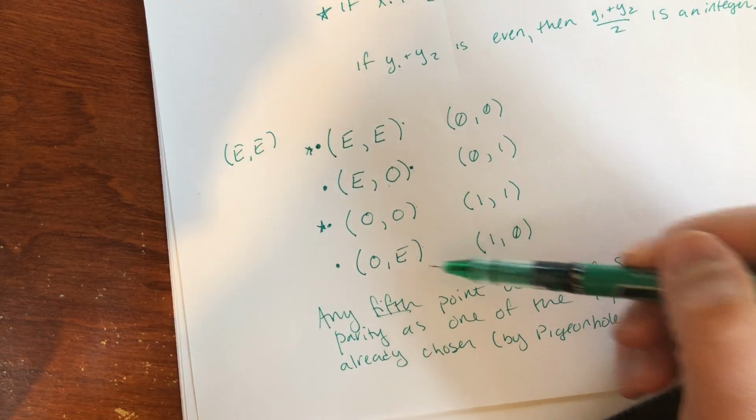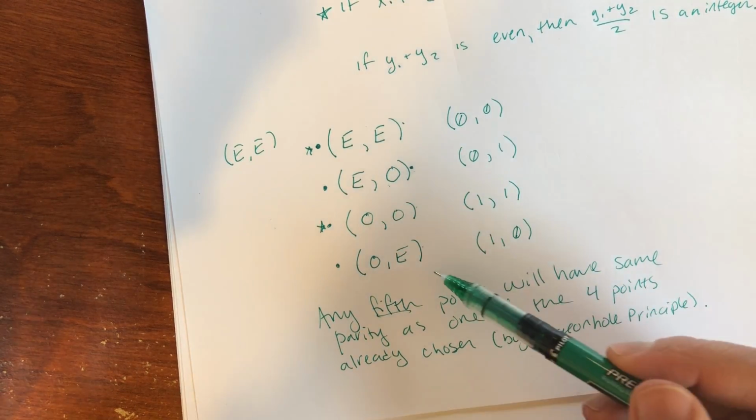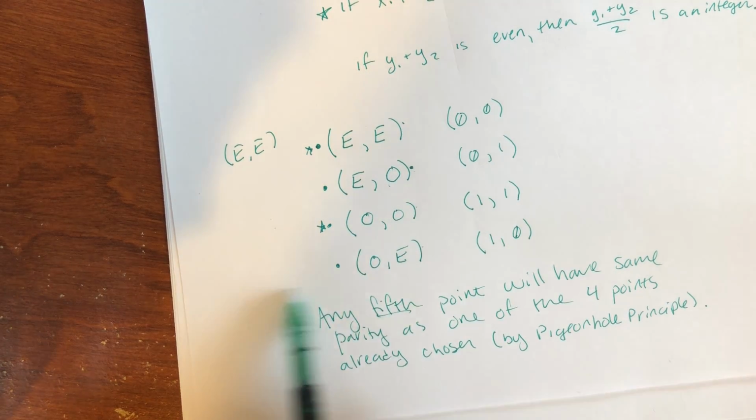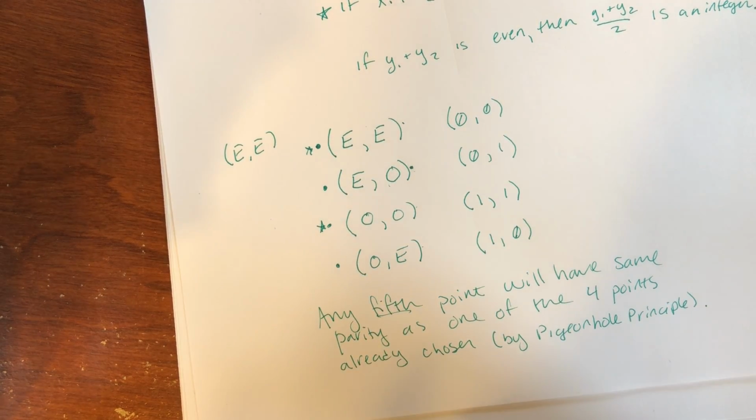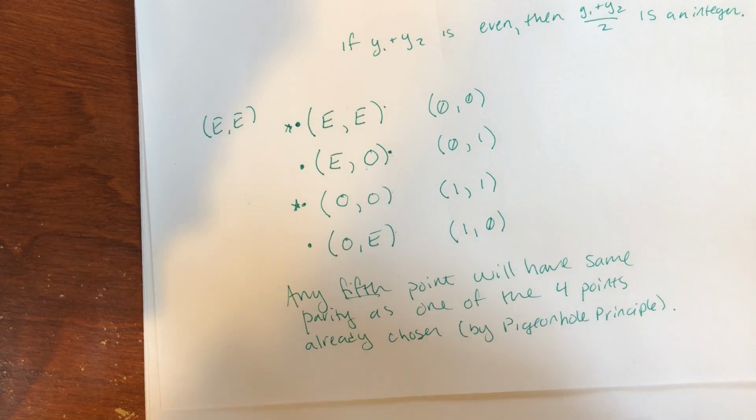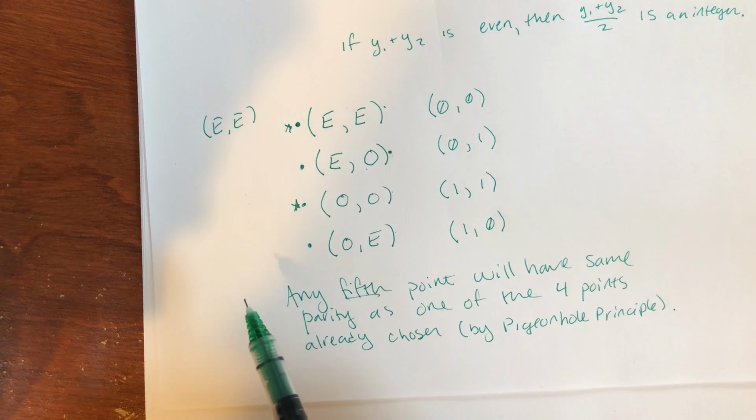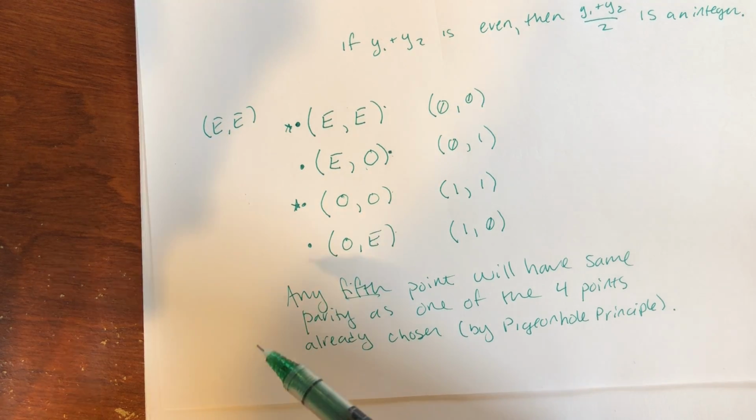And for any one of these, whichever one you choose for your 5th point, that point that has the same parity is going to give you a midpoint with integer coordinates. Okay, so the pigeonhole principle is what allows us to conclude that we can't add that 5th point. So it's impossible.